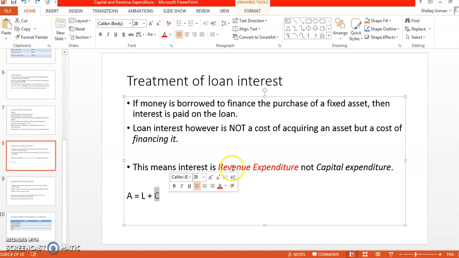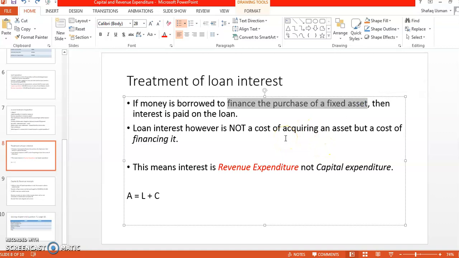If you are borrowing money, obviously you require it for running your business operations. So if you're borrowing money, you're using it to finance your assets. In the example here, let's say you borrow money to finance the purchase of a fixed asset.